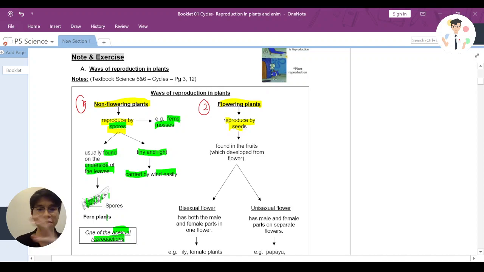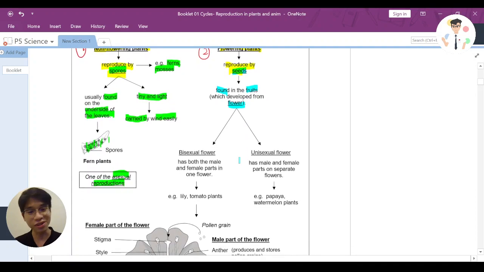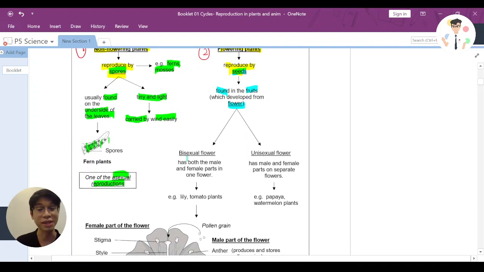Okay, now let's look at the second one, which is the flowering plants, which reproduce by seeds. First thing we understand is that these seeds are actually found in the fruit, and this fruit is actually developed from a flower. Again, the fruits that we eat are actually developed from a flower. When we talk about flowers, it's also very important to learn that there are two main types of flowers, the bisexual flower and the unisexual flower.